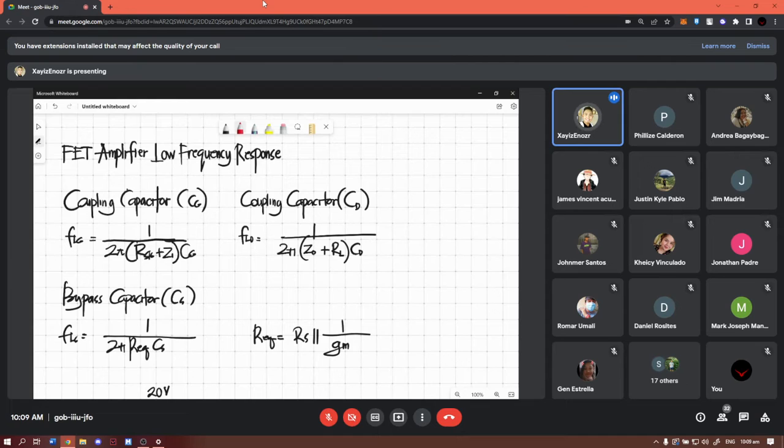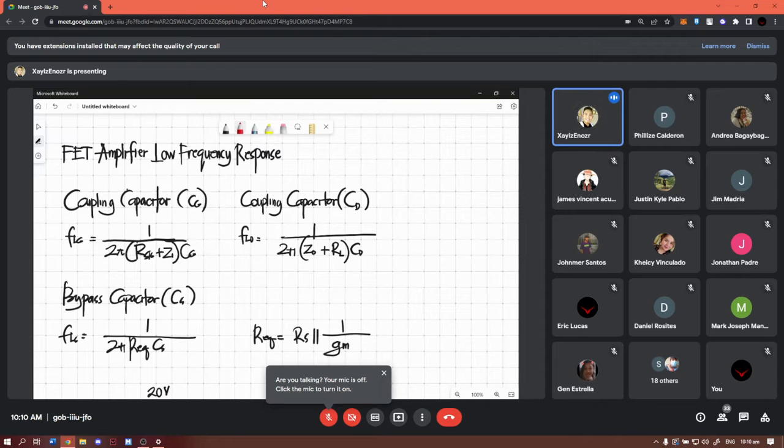Okay, so let's now discuss. Last time, we discussed the BJT amplifier low frequency response. Now let's discuss the FET amplifier low frequency response. As we discussed last meeting, the capacitors in our amplifiers affect the gain.